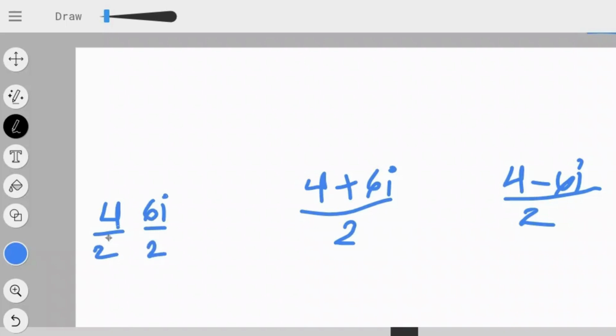That 2 goes into 4 two times. And then 2 into 6i goes 3 times, and I'm going to write the 3i. So that's 1. That's for that.